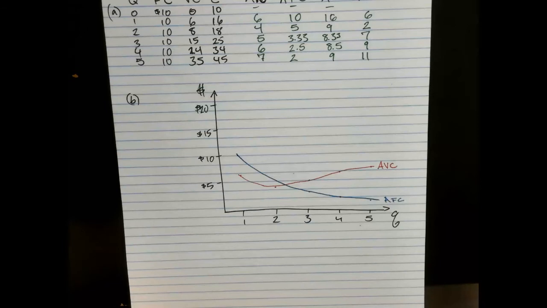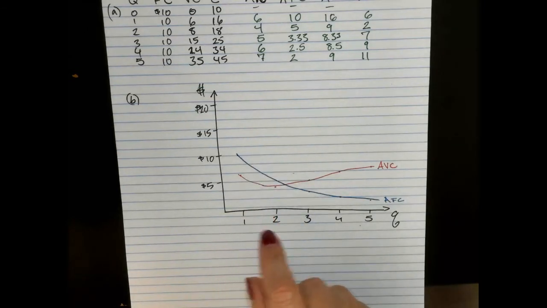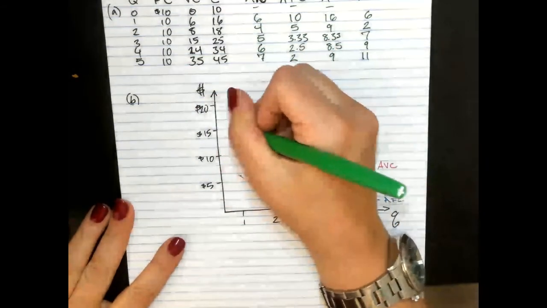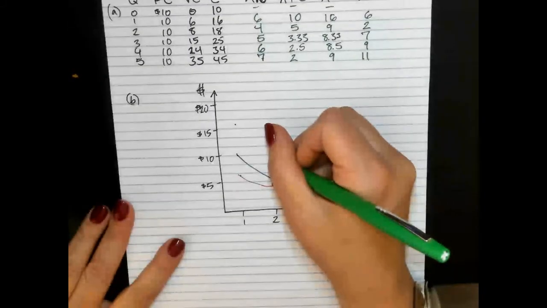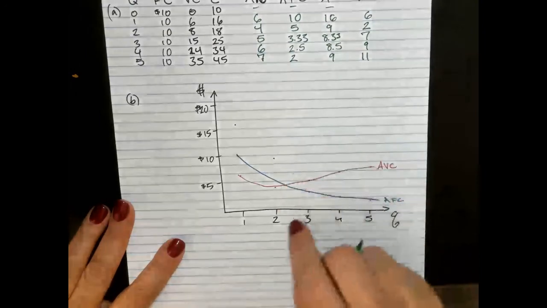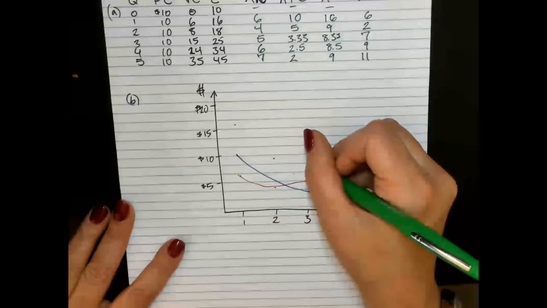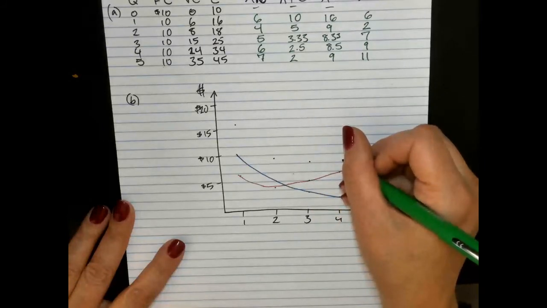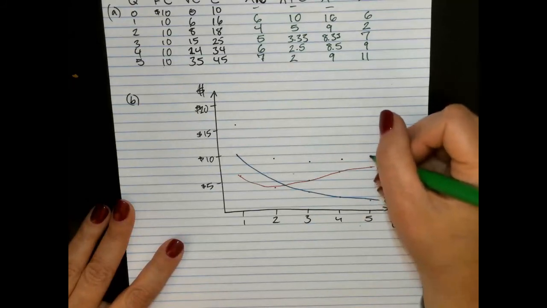The curves we really care about are average variable cost and what's coming up next, average total cost. That starts out up here at 16, then 9, then 8.3, that's there, then 8.5, and then finally back up to 9.